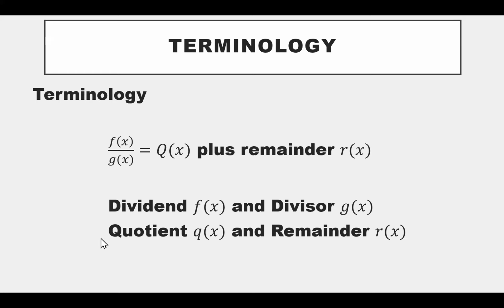So those are the terms we're going to use for each. Dividend divided by divisor equals quotient plus remainder.